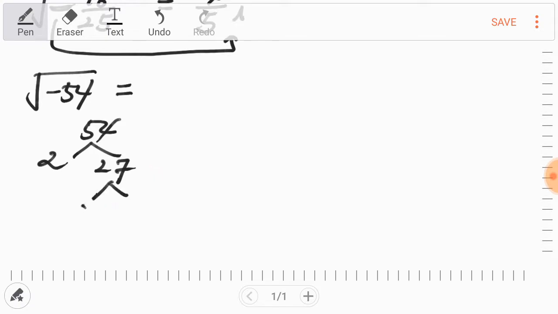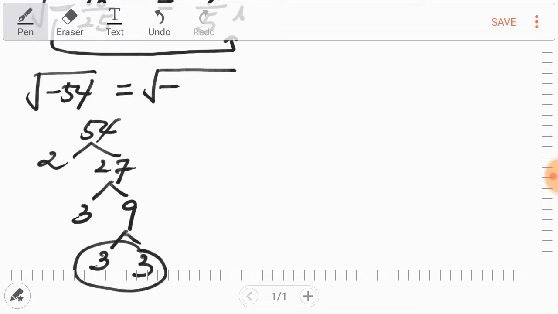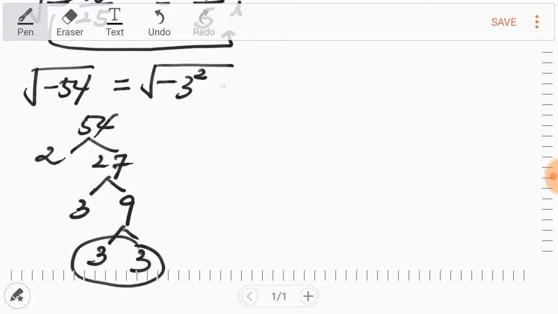And 27 is 3 times 9. 9 is 3 times 3. So 54 is a product of 3 squared times 2 and 3, which are not perfect squares, so just multiply 2 and 3. Write it 6.